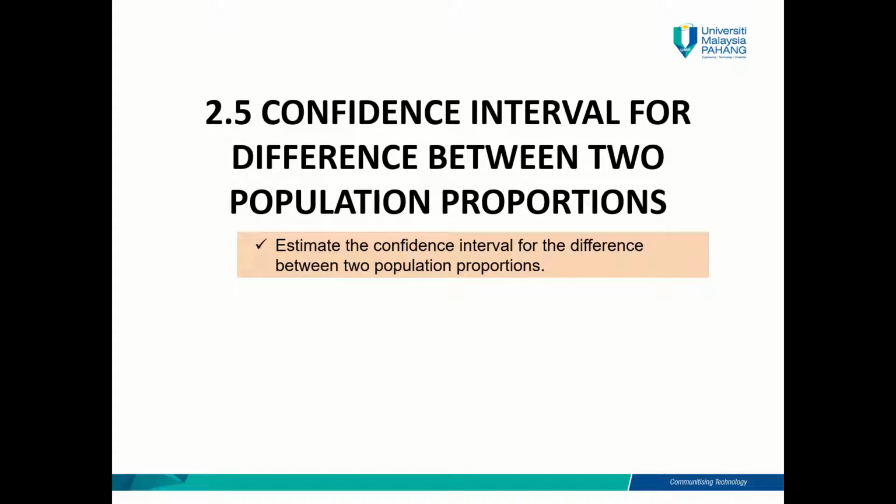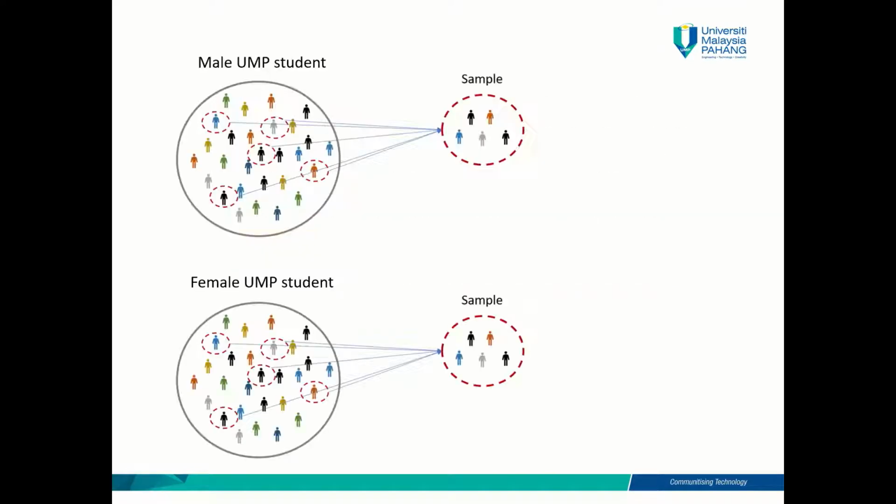In this video we're going to focus on the formula to estimate the differences between two population proportions. Let me try to illustrate the situation to you. Let us consider the scenario of having two different populations. For example, I would like to define my populations as male UMP students and female UMP students.